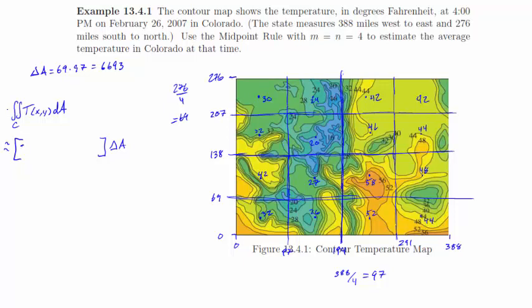So let's take these. We've got 30, I'm going to need a little bit more room here, 30 plus 32 plus 42 plus 32 plus 24, 20, 27, 26, 42, plus 46, plus 58, plus 52, plus 42, plus 44, plus 48, plus 44.